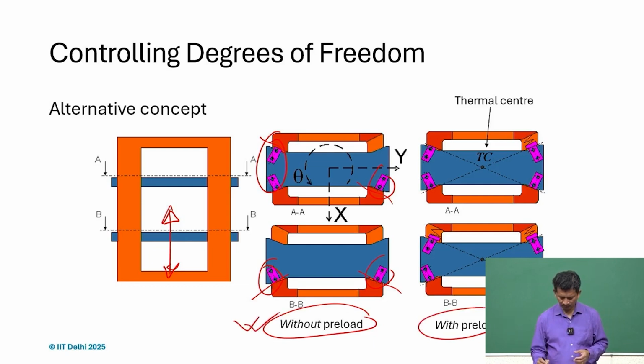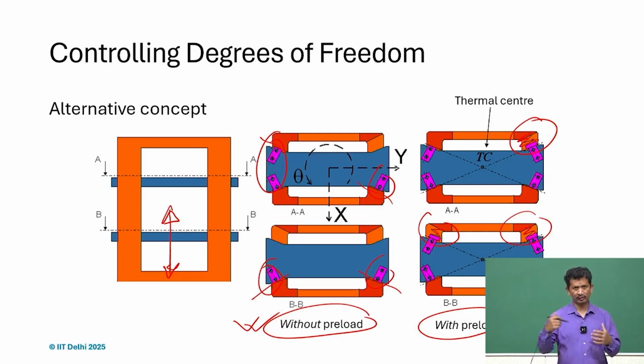With preload we can use a symmetric design, and we can have all 8 bushings or 8 contacts. 3 of them will provide the preloading. That is why you see the springs here, preloaded with the springs. So there is a compliance in between, and you rely on the stiffness of those springs.